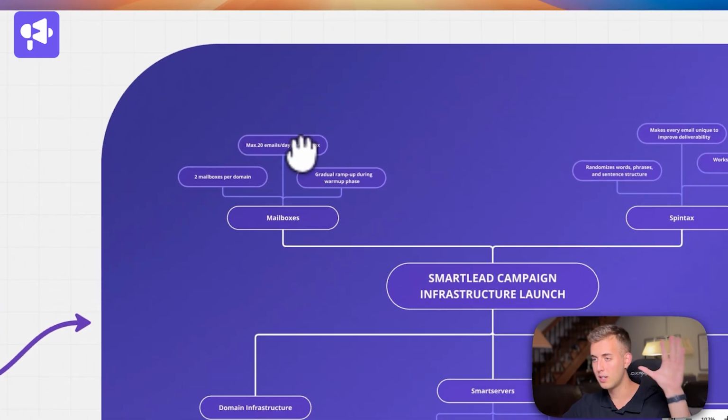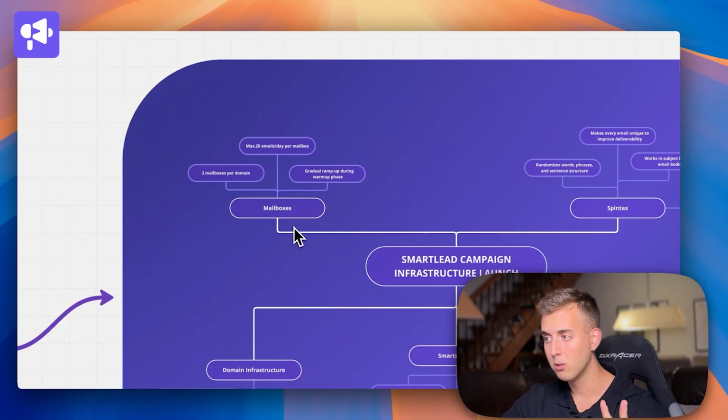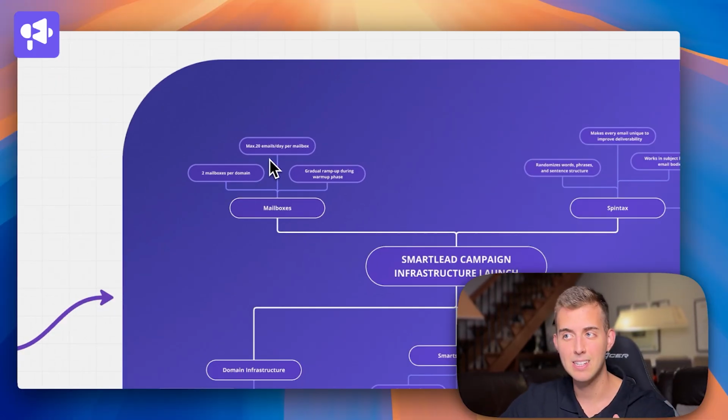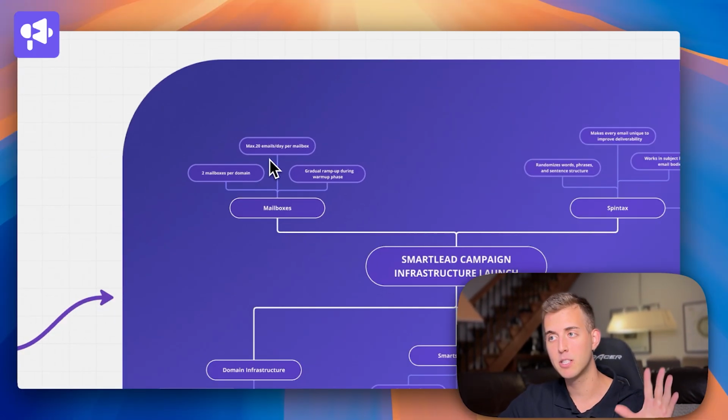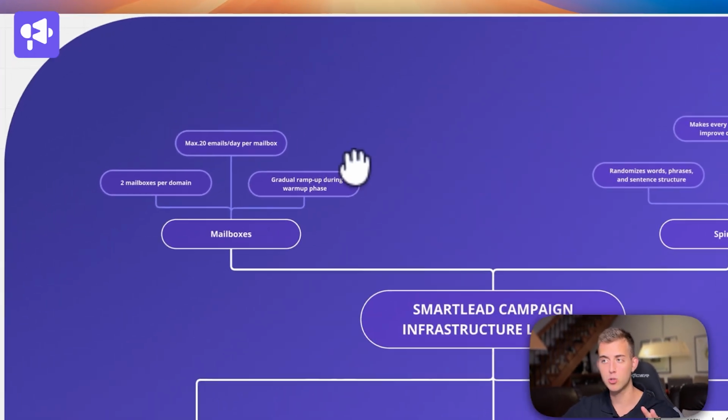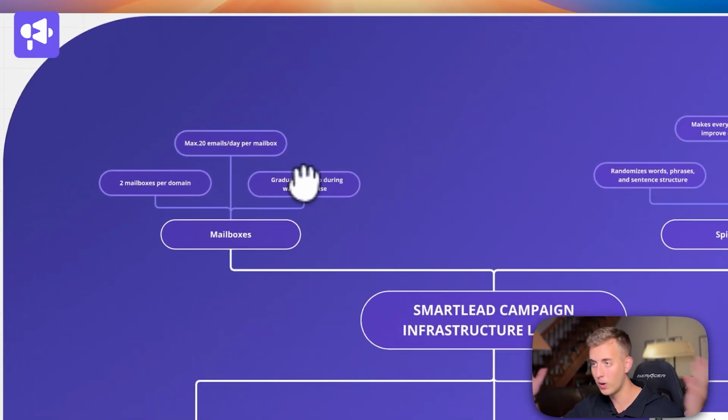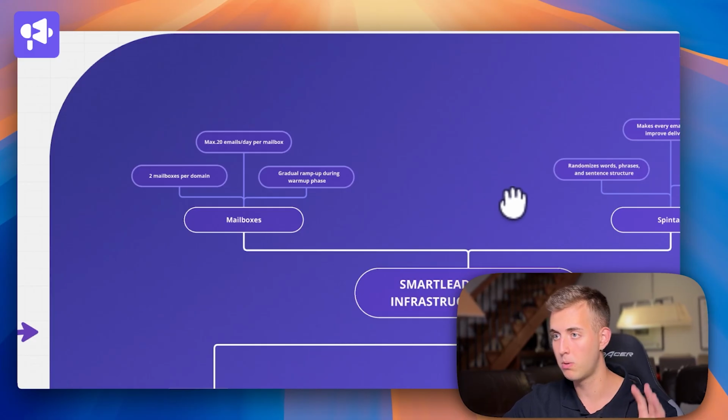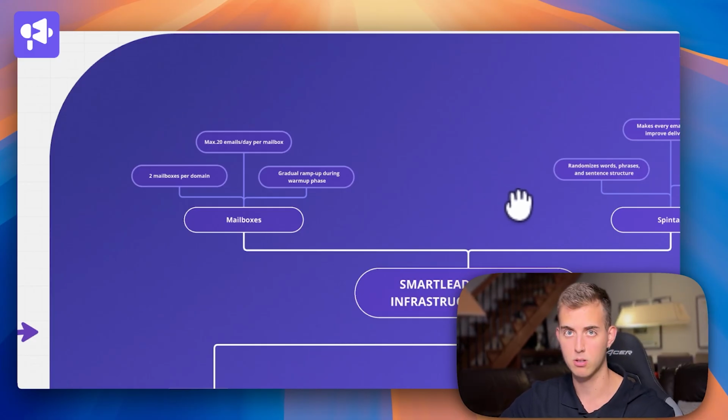So how are we setting up all the mailboxes? We use 2 mailboxes per domain, and we send a maximum of 20 cold emails per day per mailbox. And of course, we do a gradual ramp-up during the warm-up phase. Super important: at least 2 weeks of warm-up.